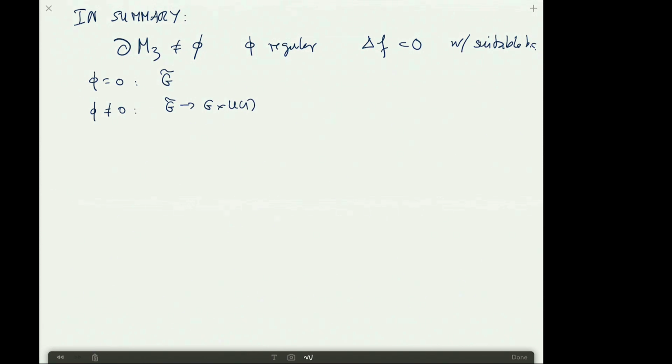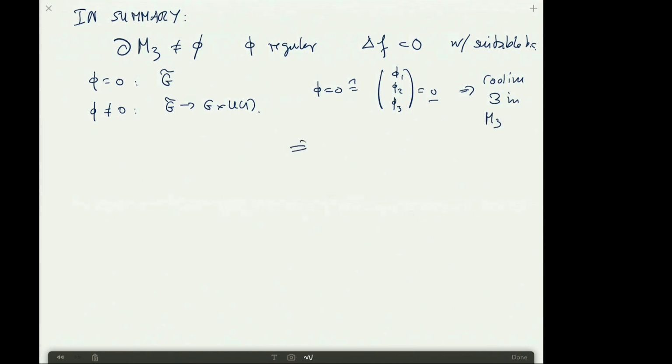times U1. And if you consider when the group is actually enhanced to G tilde, so when phi equals 0, that is actually a condition now on all three components of this field. And so it is actually generically codimension 3 in M3.